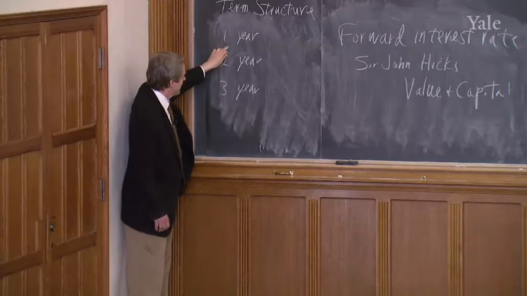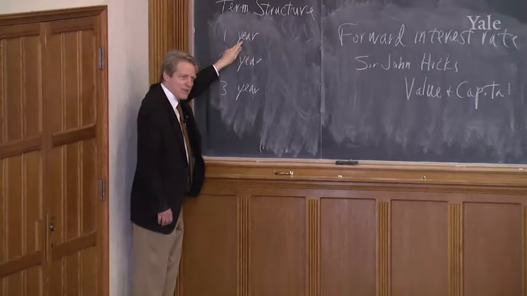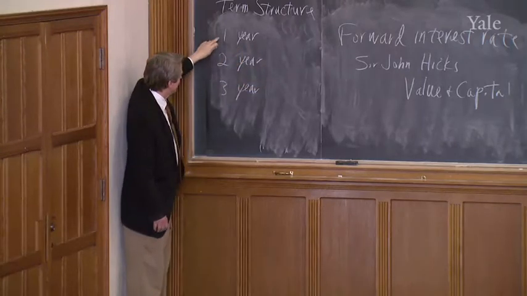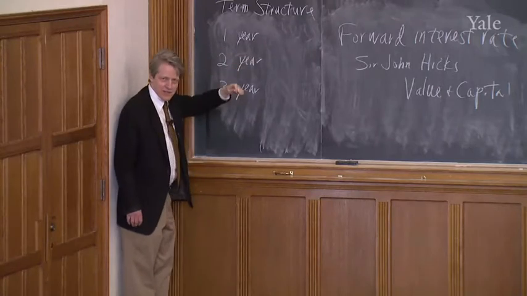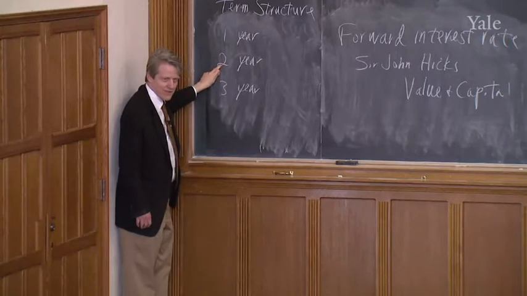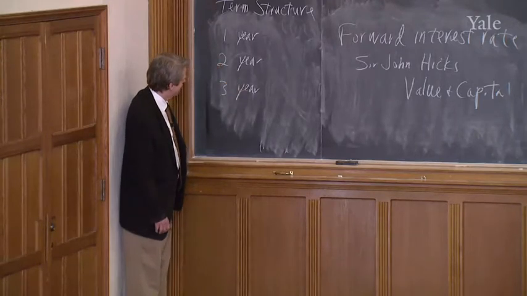All for today. Everything that's quoted in today's paper is an interest rate between now, today, and so many years in the future. The 1-year interest rate quoted is the rate between now and 1 year from now, right? And the 2-year interest rate quoted is the rate from now to 2 years from now, and so on.